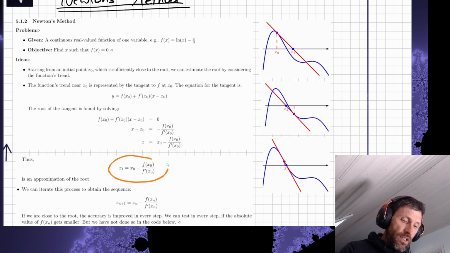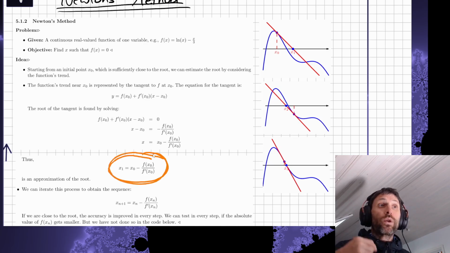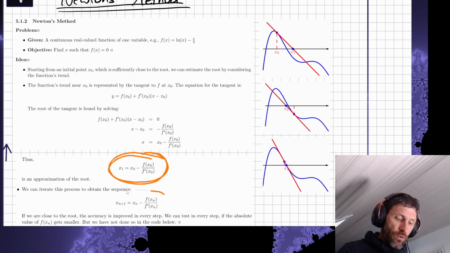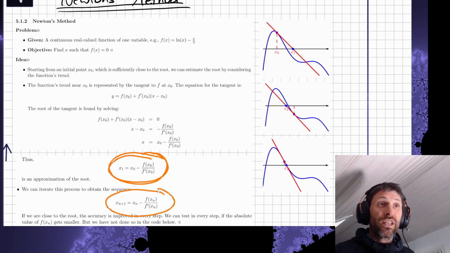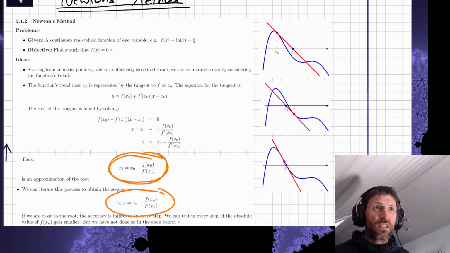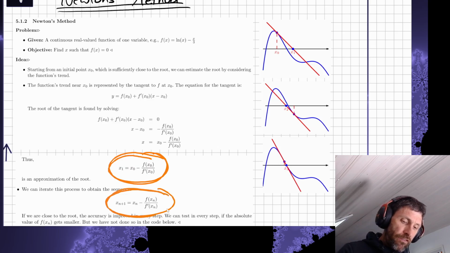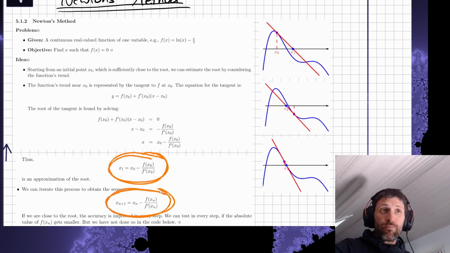So x1 is x0 minus this. And we can iterate that process, and that means we get the recursive sequence, x n plus 1 is the last xn minus f divided by f prime.